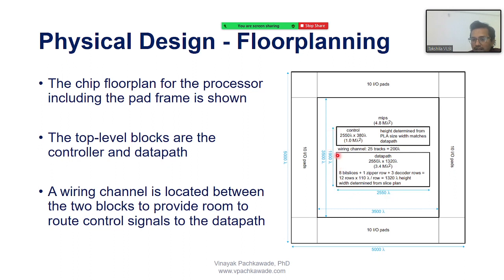So for instance, using all things I just explained, I have created these blocks and placed them; this is for the control and this is for the data path. So I would know that roughly my size is 1900 lambda by 2550 lambda.